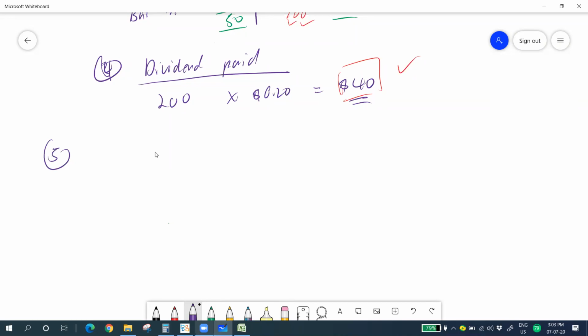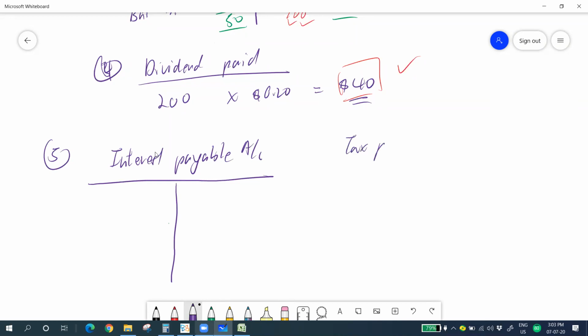Number 5, right? This is interest payable account. And we have tax payable account. All right, class, can you figure out what is the interest paid and tax paid?